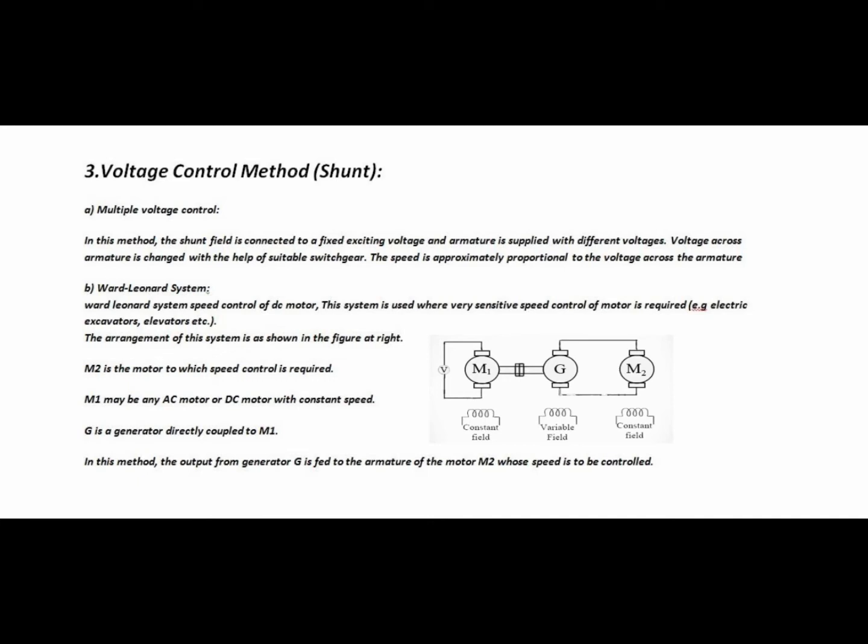M2 is the motor whose speed control is required, while M1 may be any AC motor or DC motor with constant speed. G is a generator directly coupled to M1. In this method, the output from generator G is fed to the armature of the motor M2, whose speed is to be controlled.